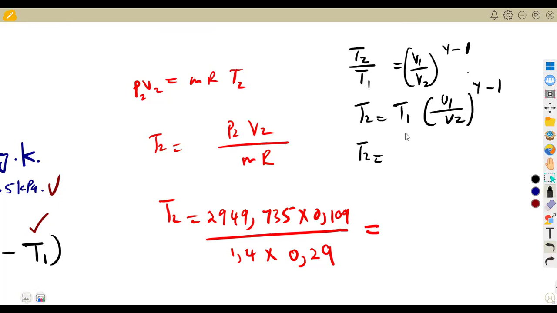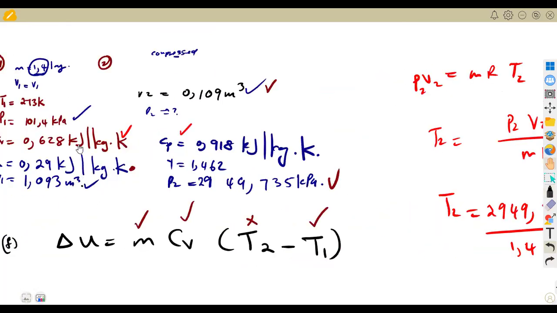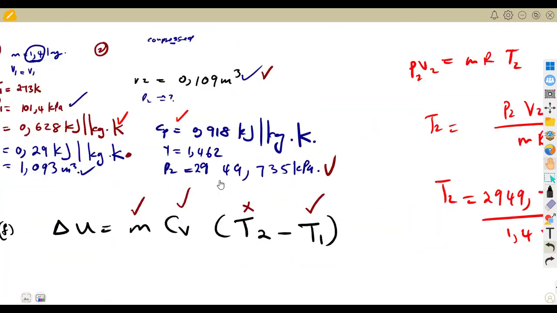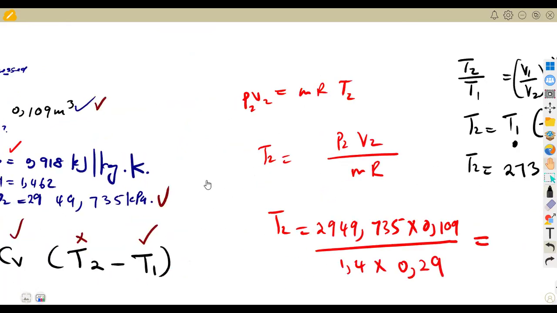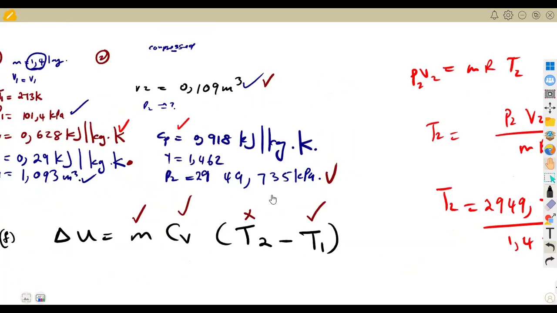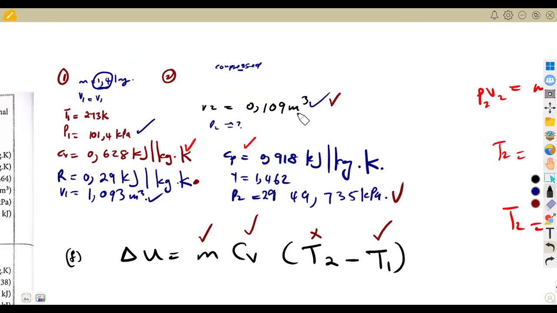Thus, T2 is equal to T1. Remember, T1 we had before at STP condition, it was 273. So that's 273 times V1 over V2. For the V1 over V2, you go back to the ratio that you are given, or you can just substitute because you have V1 and V2. Remember, V2 was given as 1 over 10 of V1.